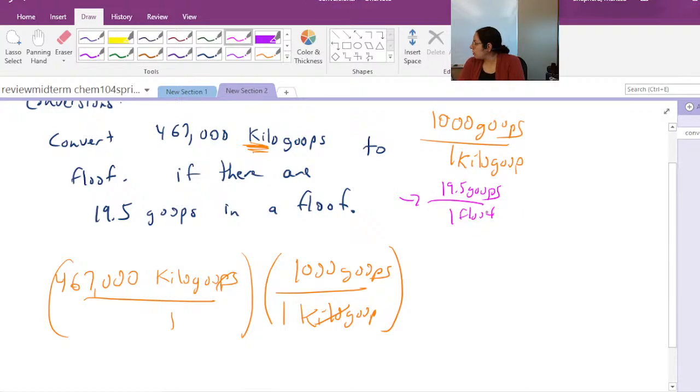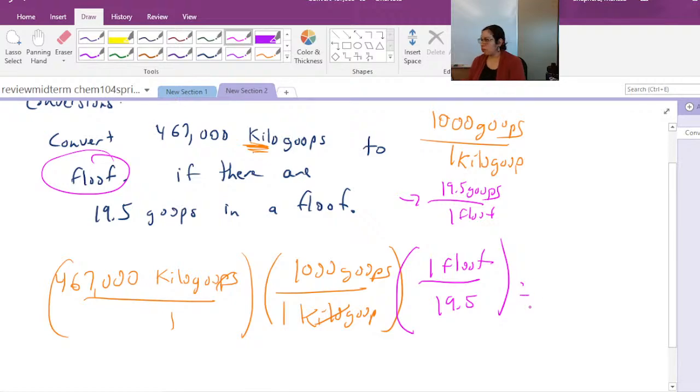That helps us see that if we want floof, we need to get floof on top, and goops will cancel out on the bottom. And so what do we get? Let me plug this in and fire up my calculator.